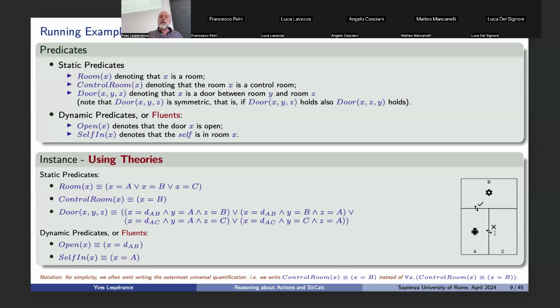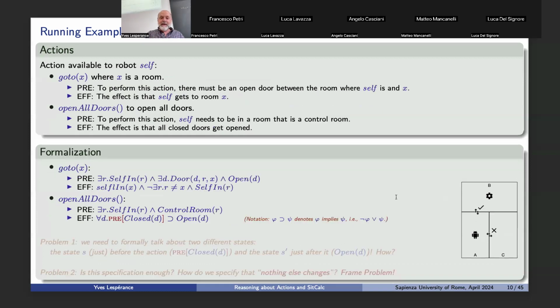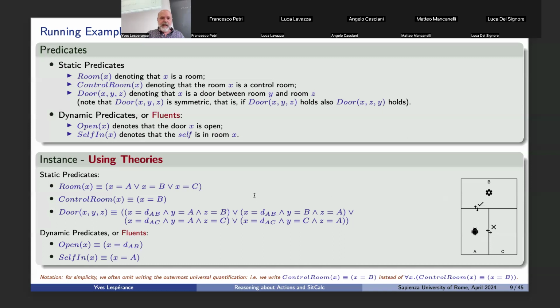So if I want to represent this, I would change this to say only open DAB, because this is equivalent to saying for all X, if open X, then DAB. So this says that the only open doors are DAB. Now I don't want to say that. Maybe DAC is open, maybe not. So I want this direction.